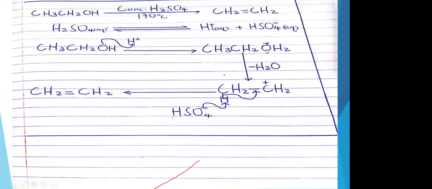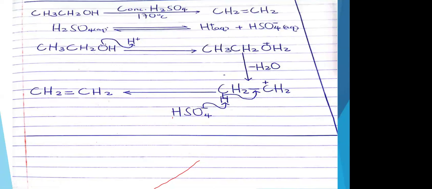I told you oxygen in bonding only uses 2 electrons. So once they become 3, it is unstable, and you show the instability of oxygen by putting a positive sign, showing that it is electron deficient or unstable. Then from here we lose water. OH2 is water. We lose it and we form a carbocation.